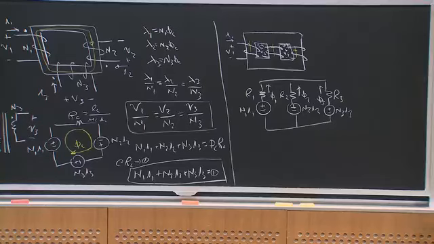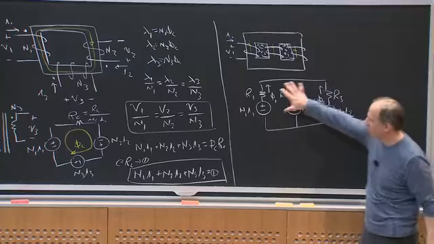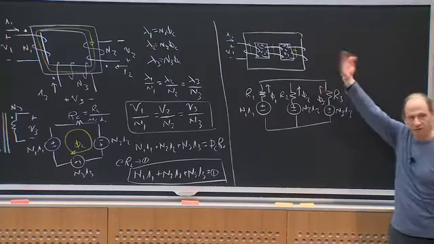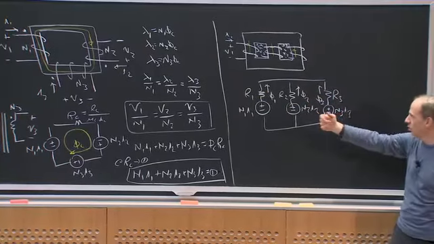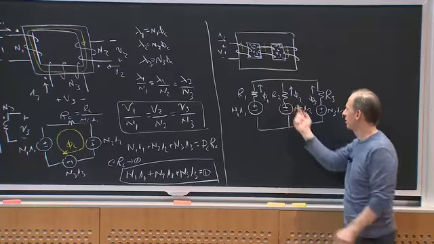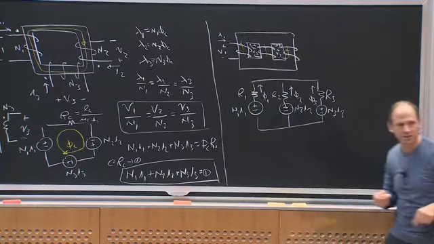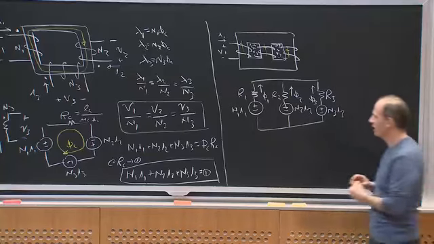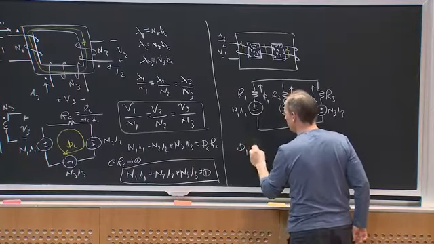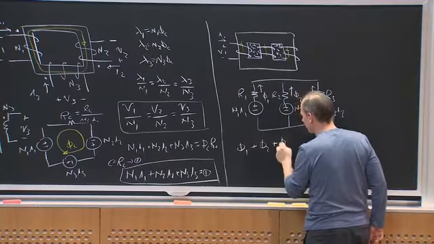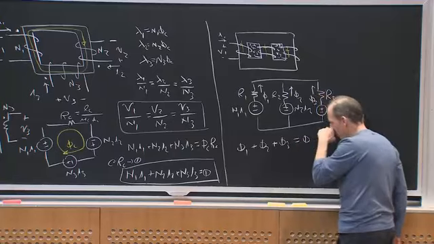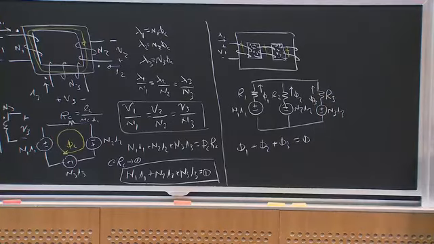What would be the terminal relations of this? Well, in this case, if I ignore leakage flux, what do I know about these 3 fluxes? All these 3 fluxes come up into this top node, and the fluxes must add to 0. So phi 1 plus phi 2 plus phi 3 has to equal 0 by magnetic KCL, right? There's no magnetic charge.